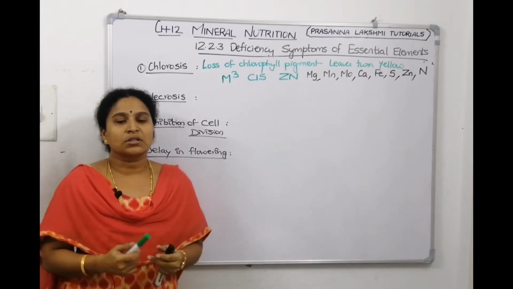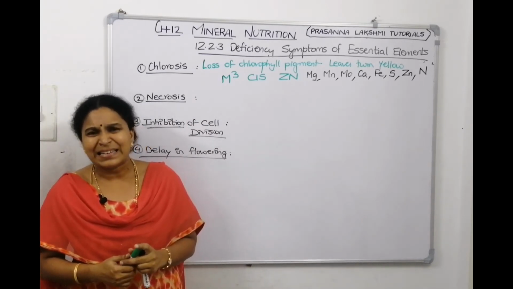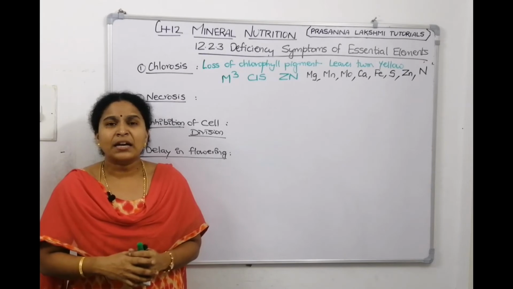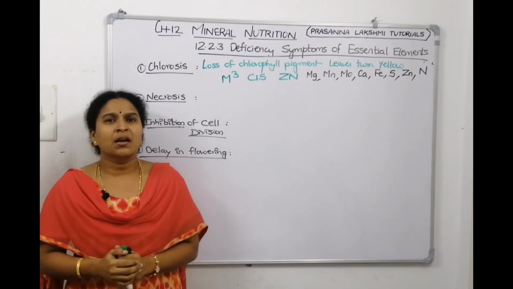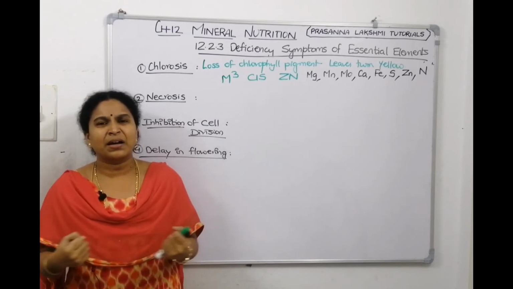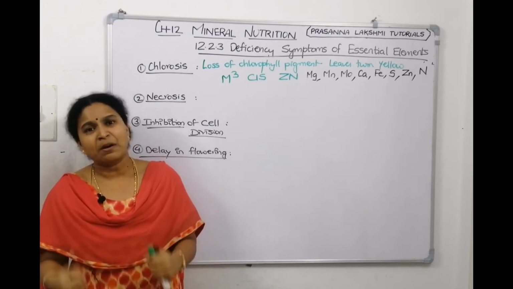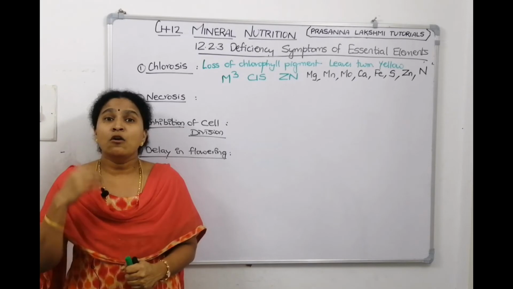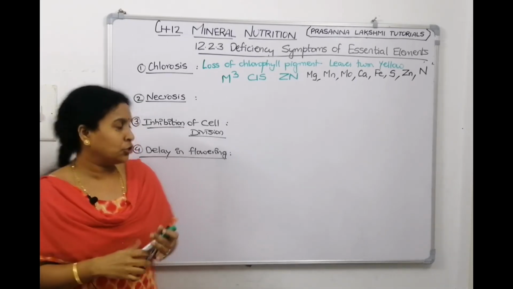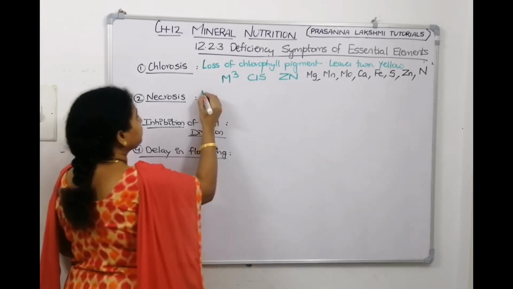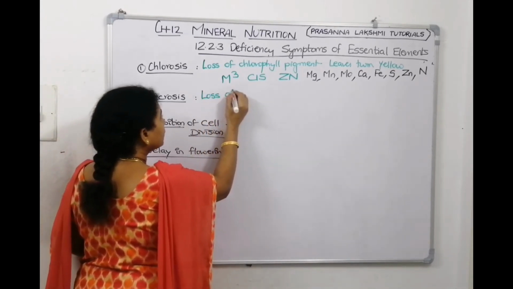What is necrosis? Necro means death. If you see a plant, it is soft, tender and bendable, flexible. A fiber which is dead will be hard and brittle, and it will break. Necrosis means losing the elasticity and finally leading to the death of the tissue.